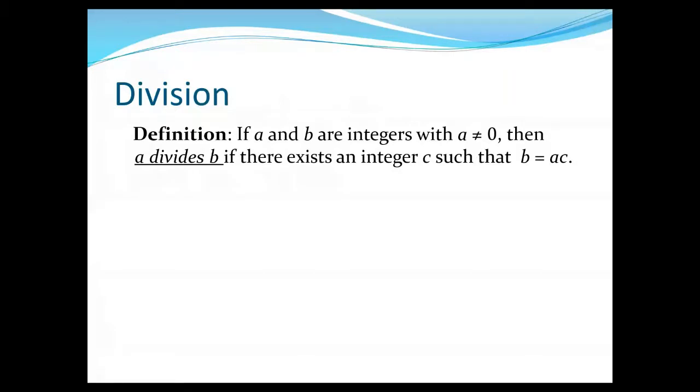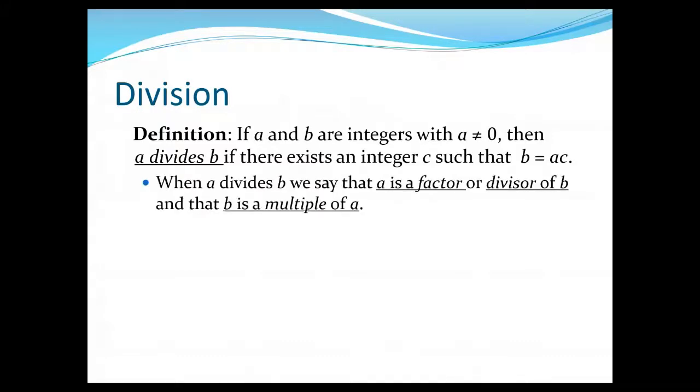Now, the relation between a and b: if a divides b and the result is a whole number, we could say that a is a factor of b, or a is a divisor of b, since it gives us a whole number or an integer as a result. And if you refer to b, we could say that b is a multiple of a. We multiply something by a that will yield b. That's the meaning of multiple.